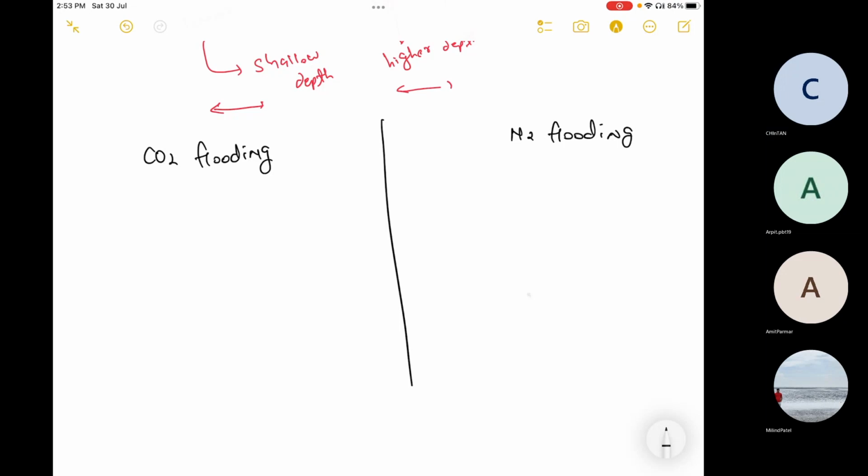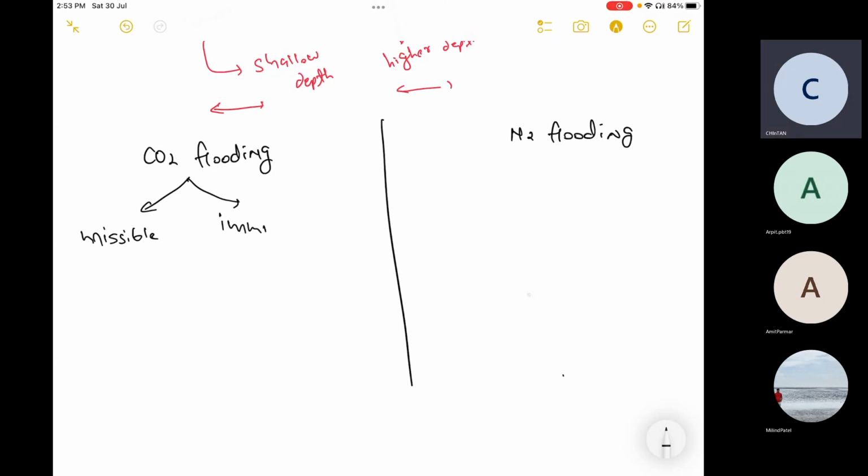Okay. So let's think, it can be a miscible flooding as well as an immiscible injection. It can further separate into miscible injection or simple immiscible injection with CO2. That totally depends upon conditions.